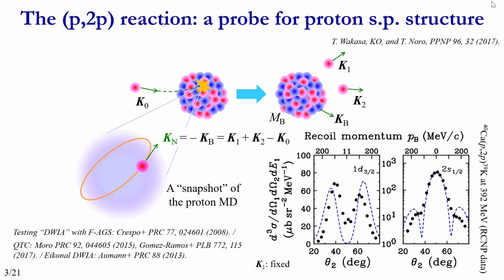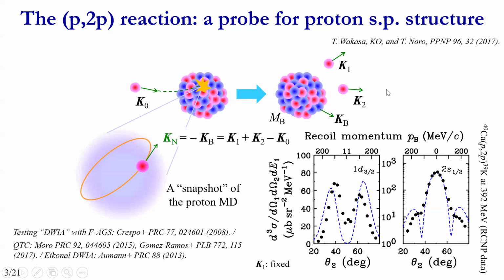We have an incident proton. It impinges on the target nucleus, hits one proton and knocks it out of the nucleus. In the final state, we have three particles: two protons and residual nucleus B.